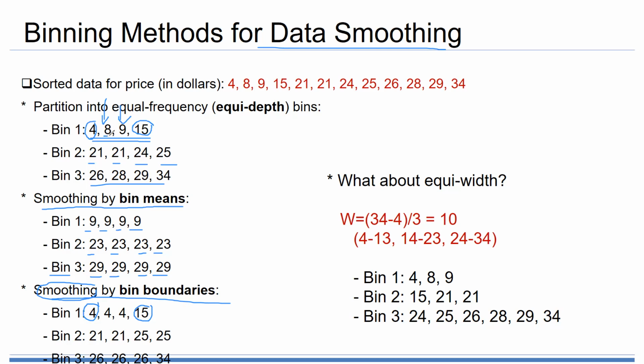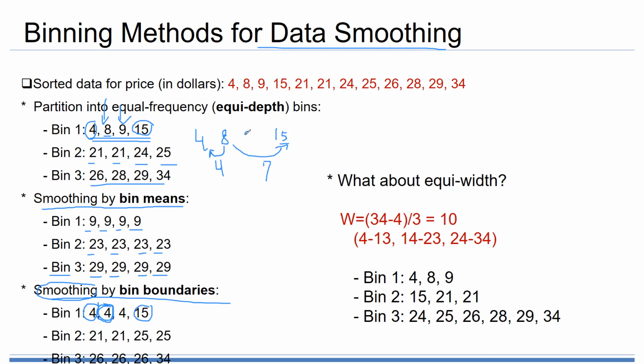So for the data 8, 8 will be 4 because 8 is closer to 4 compared to 15. To go to 4 there is 4 interval, and to go to 15 there is 7 interval. Then we put the boundary 4 because 4 is smaller in distance compared to 15.